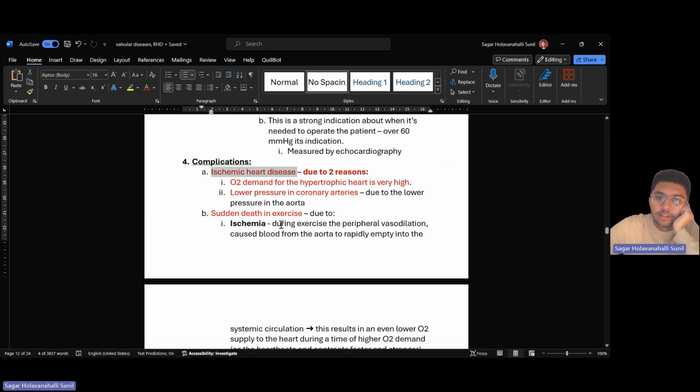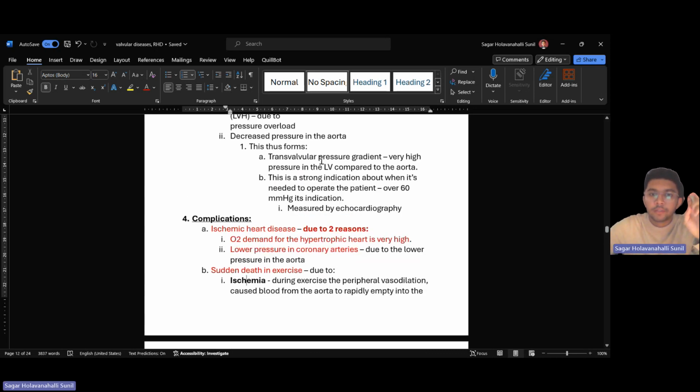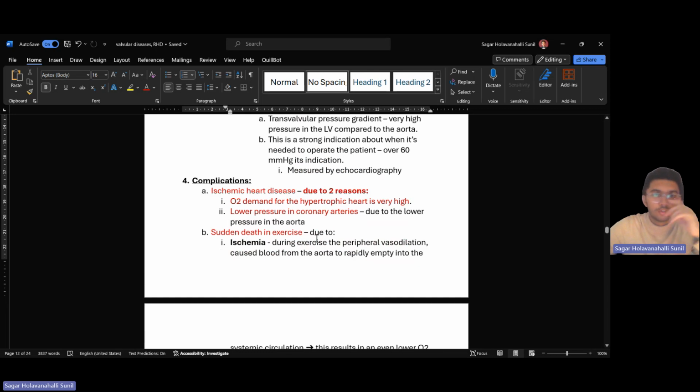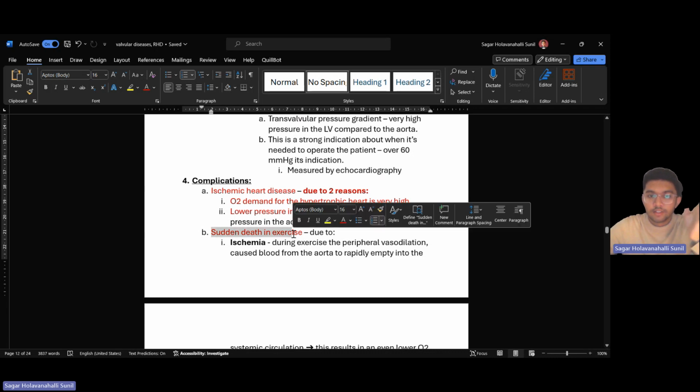When someone is exercising and has ischemia in the heart, the increased myocardial need of oxygen versus the reduced pressure of the blood in the aorta can create such a huge pressure gradient and such a huge difference between what is required and what is being sent to the heart that there can be sudden cardiac death.